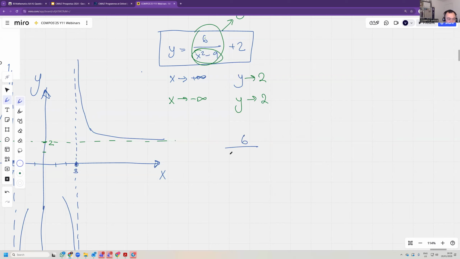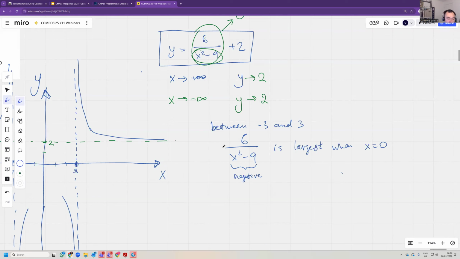If you consider this bit x squared minus 9, and this bit is largest when x is 0, how does that work between -3 and 3? Because this thing is negative.